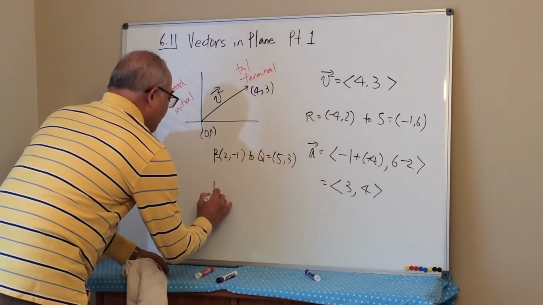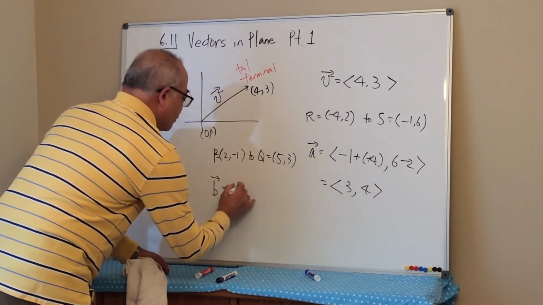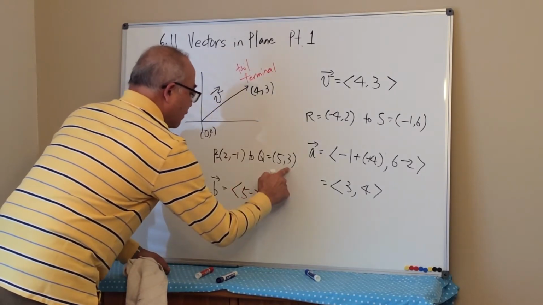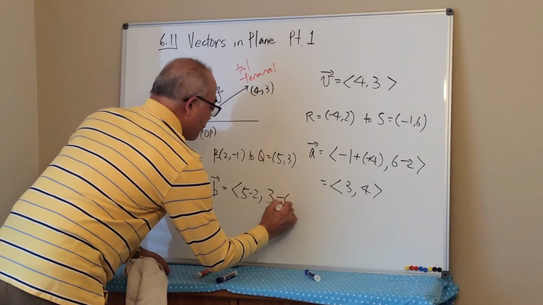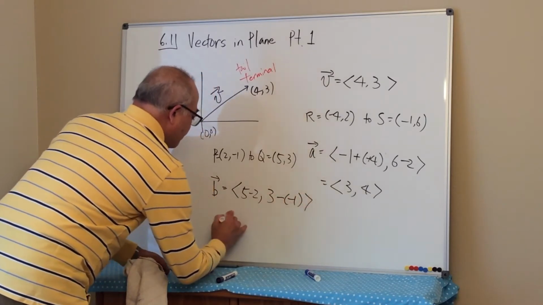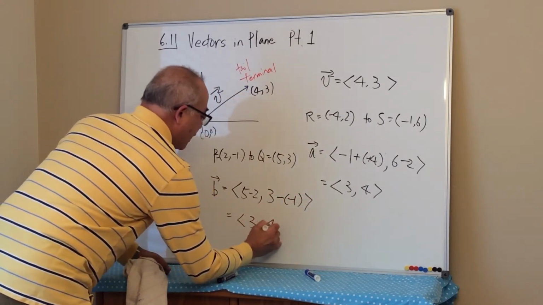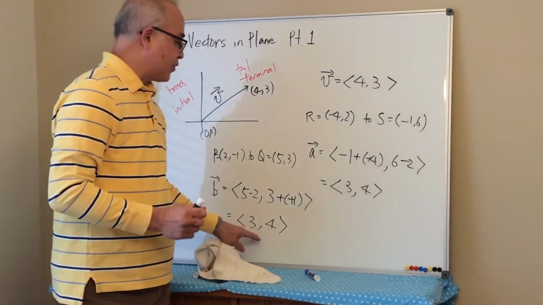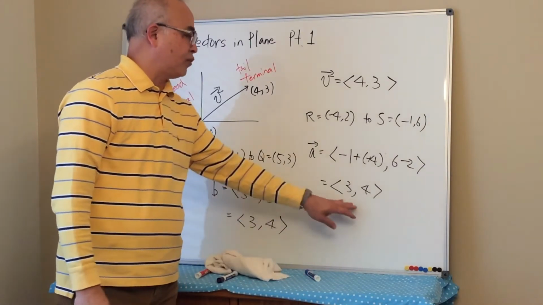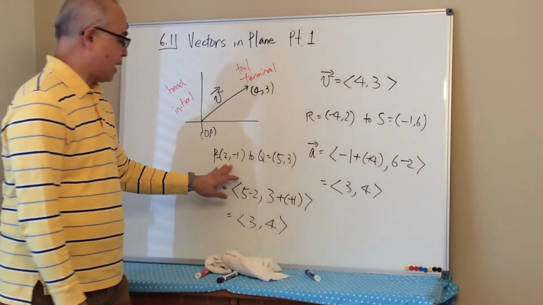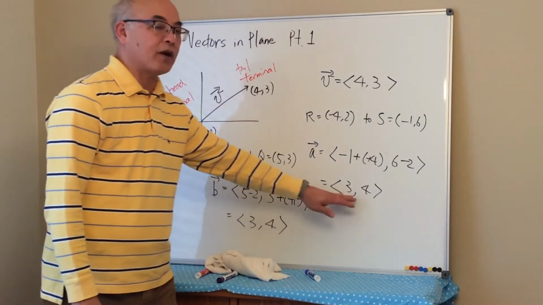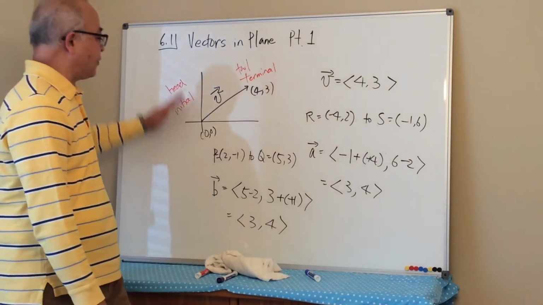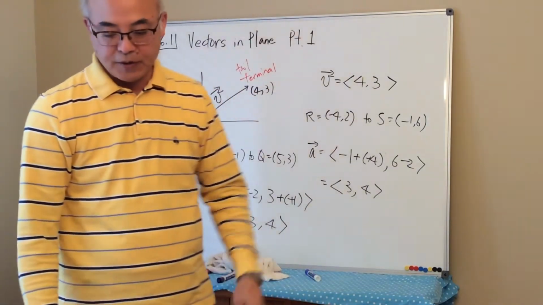So the vector, we call that b vector, is going to be equal to 5 minus 2, 3 minus 1, which is 3, 2. Now as you can see, the vectors are the same. Even though you have two different starting points, the vectors themselves are the same. They're called equivalent vectors. So vectors can be moved around in the plane and they will be the same vector.